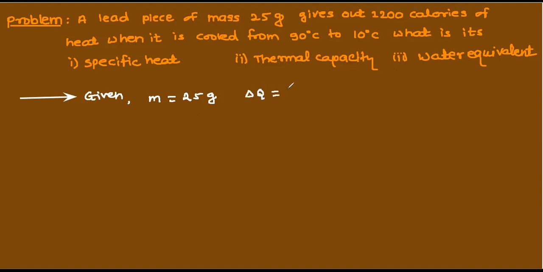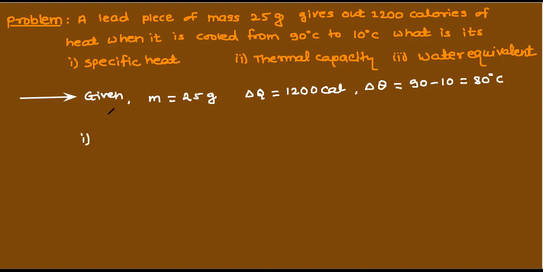Delta Q is given. How much it is? 1200 calories. Next, delta theta is also given. Delta theta is equal to 90 minus 10. How much? 80 degree Celsius.